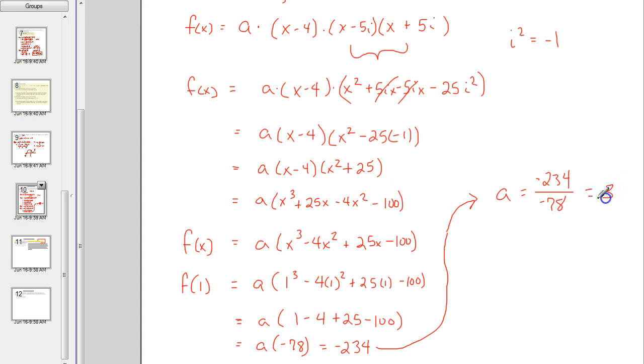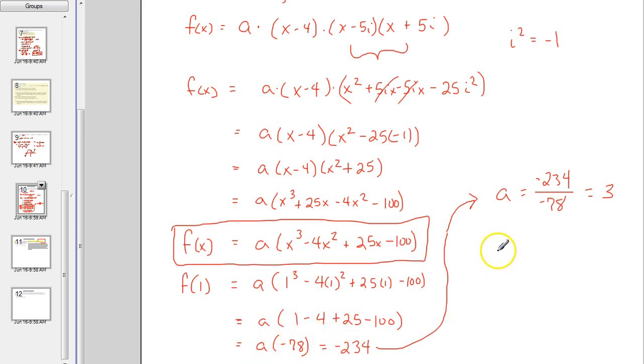So that means my leading coefficient is 3, and so that means I get to go back to here, right, before I use the point to solve for a, the leading coefficient, and I multiply that 3 through.